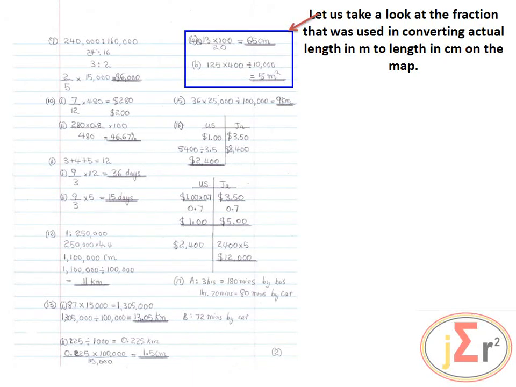Expressing your answer in square meters, calculate the area of a pond which is represented on the map by an area of 125 centimeters squared.